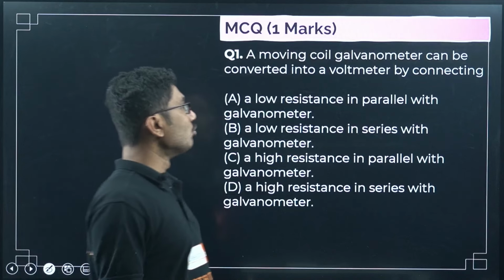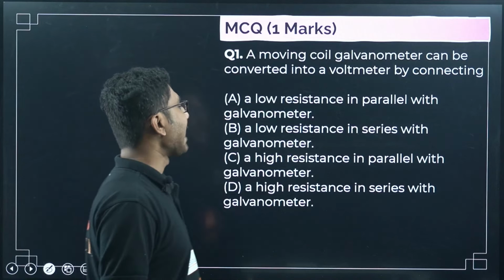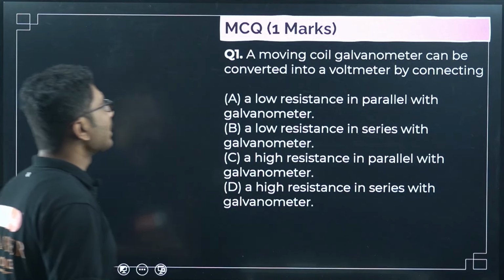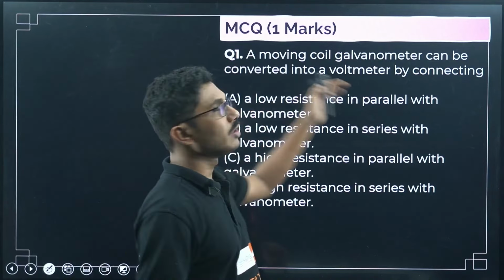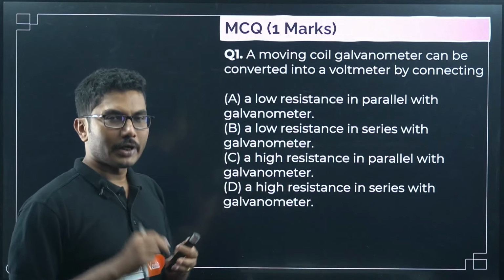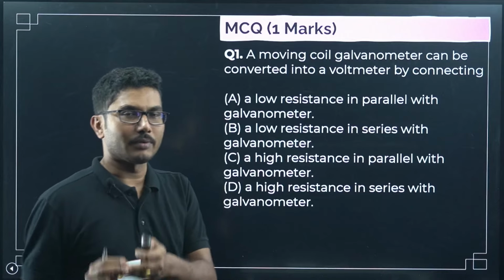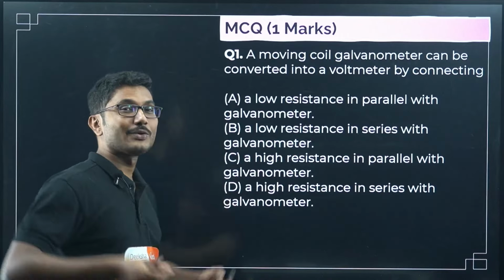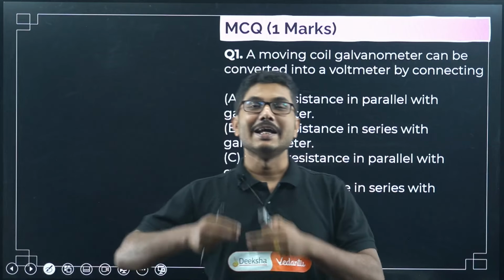A moving coil galvanometer can be converted into a voltmeter by connecting. So how can you convert a galvanometer into a voltmeter? Basically they are testing if you know that to convert a galvanometer into a voltmeter, you have to add a high value resistance in series.